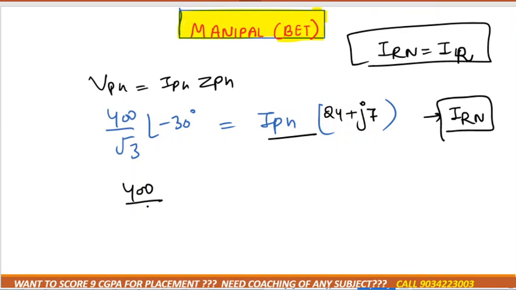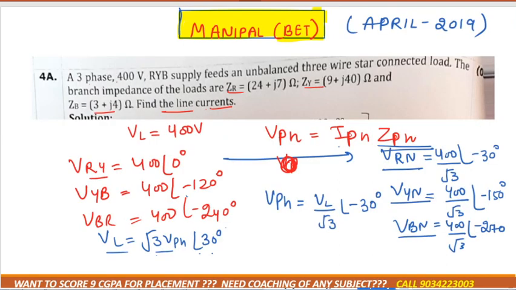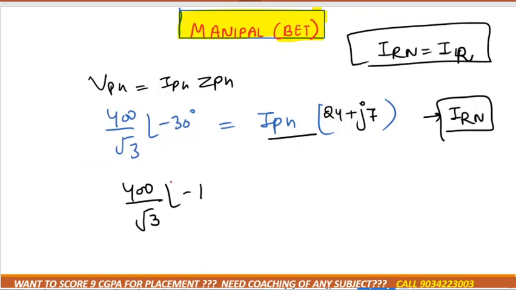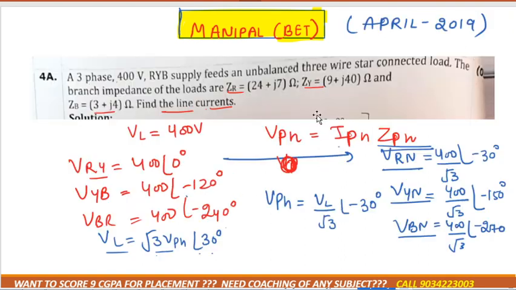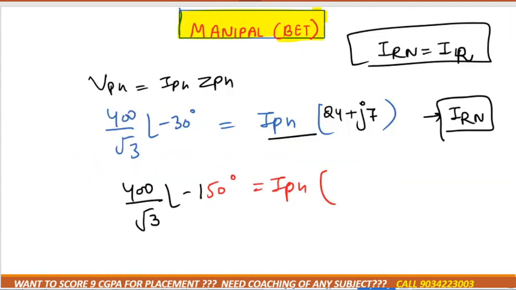Okay, next would be how much? 400 by root 3 angle minus 150 degree is equal to IPH into ZY, which is 9 plus j40.